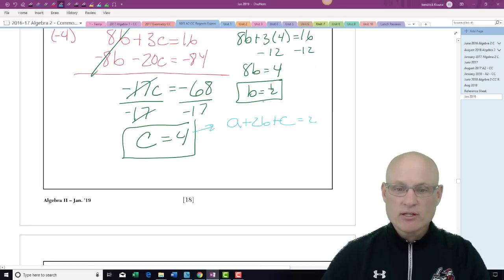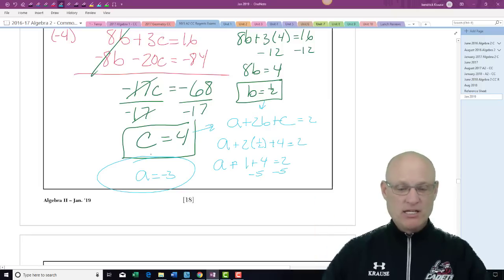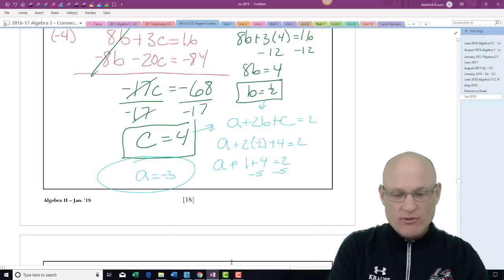So I'll plug the C in, I'll plug the B in, and I'll find A. So A plus 2 times 1/2 plus 4 equals 2. 2 times 1/2 is 1, plus 4 equals 2. So this is 5, so I'll subtract 5, and I get A equals -3. Shabam! Done. That's it. Wow, that wasn't bad.